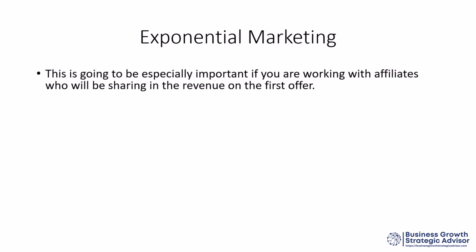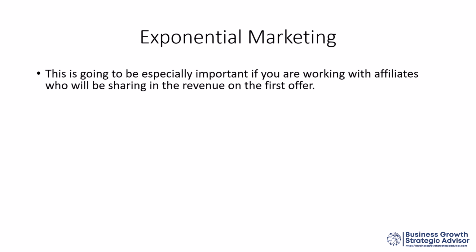All of this is going to be important. Every element of a marketing framework is important because it reflects all the other levels. Having a USP will affect your exponential marketing and every other aspect of the marketing plan.